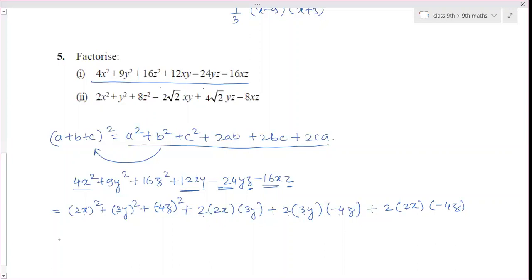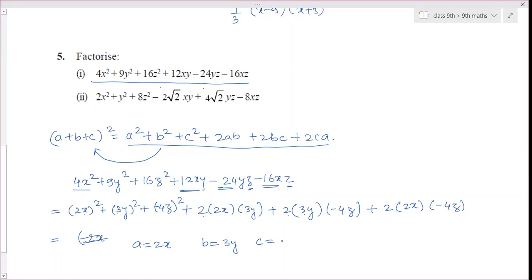So whose expansion is this? What is the a value? This part is in the form of a plus b plus c whole square. What is a? It is 2x. What is the value of b? 3y. And c?